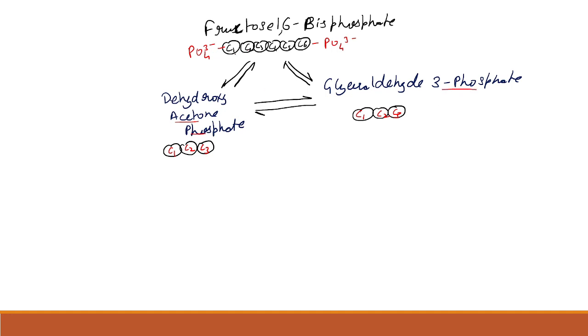Because carbon number 1 over here consisted of a phosphate group, and this is the molecule that has broken down. A 6-carbon compound has broken down into 3-carbon compounds. So carbon number 1 will consist of a phosphate group over here, and again at number 3, the second phosphate group will be present. And the enzyme involved in this process is known as aldolase.